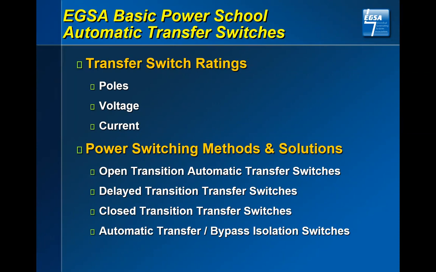So when we're dealing with the consulting engineer or when you're looking at the application of a transfer switch, you need to know how many poles. What do I mean by that? If it is a 3-pole system, a 3-phase wiring, you obviously have an A, B, and C phase. You must have 3 poles that transfer.